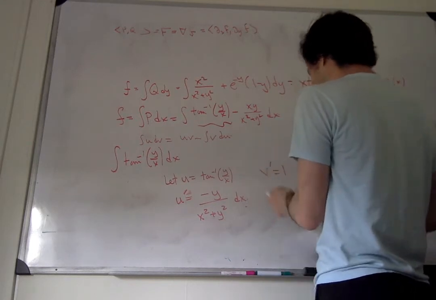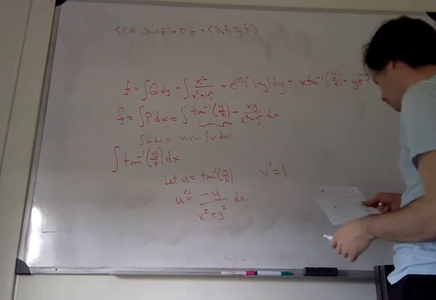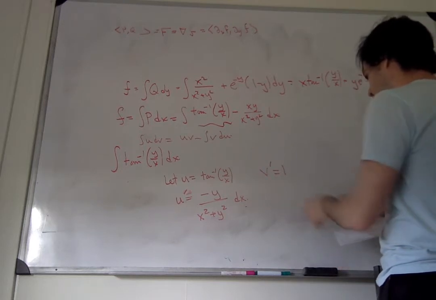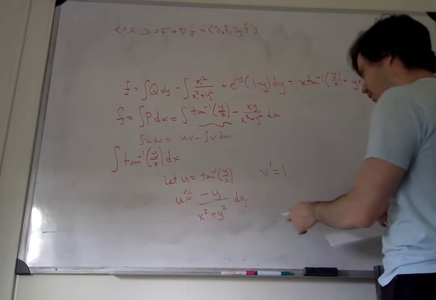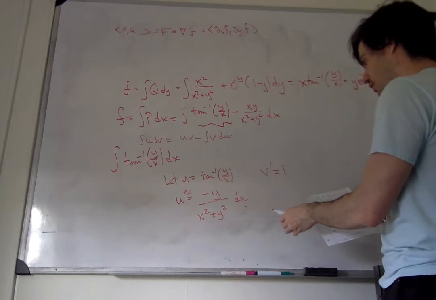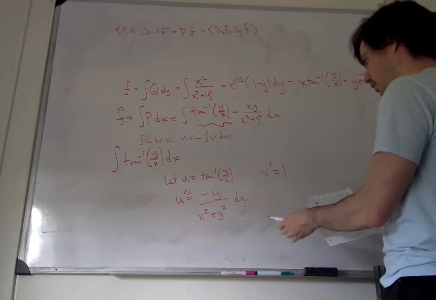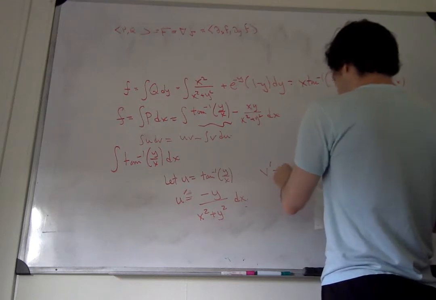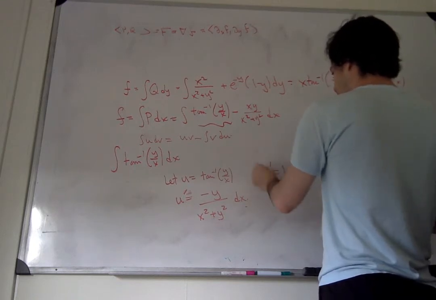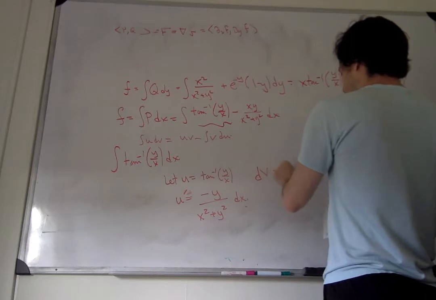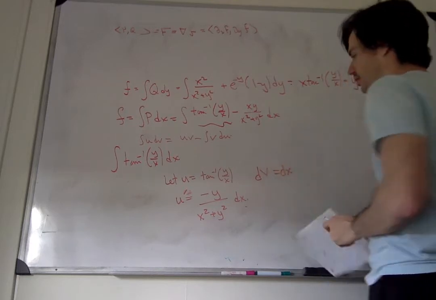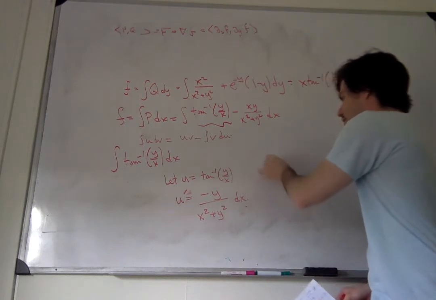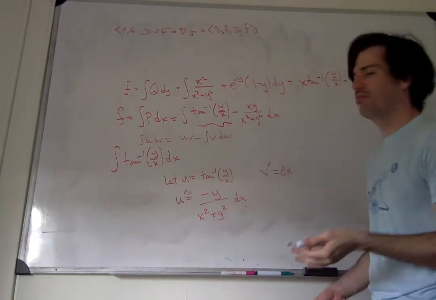If v prime is 1, sorry, I think I mean dv is dx. That's what I mean to say. Or you could say v prime is dx. Same thing.